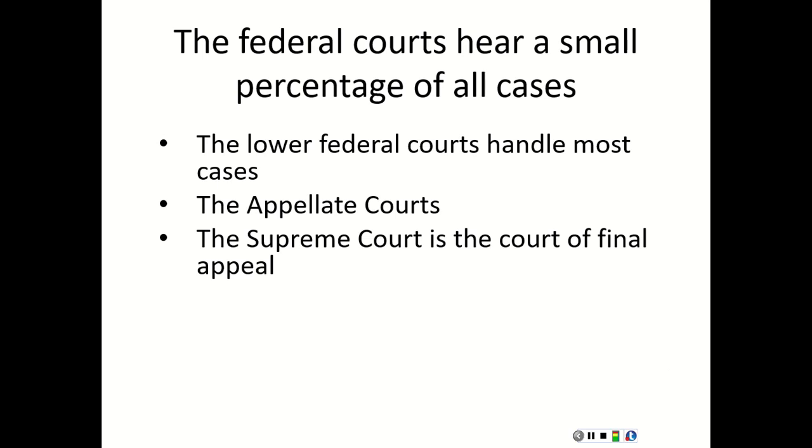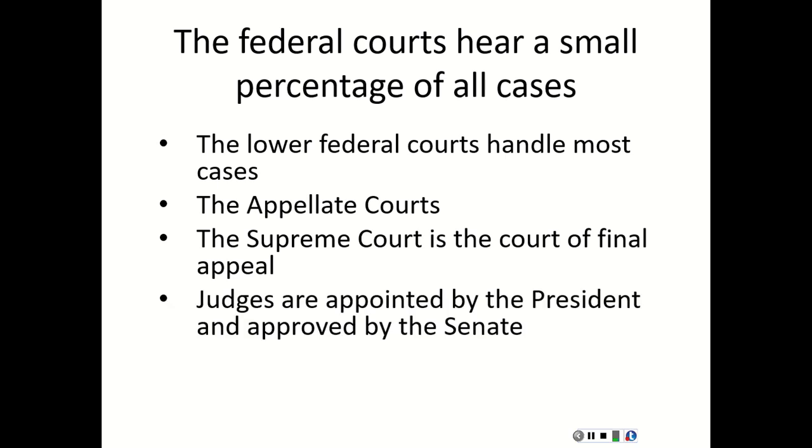The question I'm usually asked at this point is, how do you become a federal judge? Or how do you become a justice on the Supreme Court? Easy. These federal judges, these federal justices are appointed by the president, but they have to be approved by the Senate. Nominees, these selections, are generally people that are among the more politically active members of the legal profession.